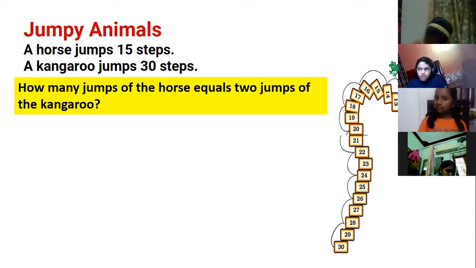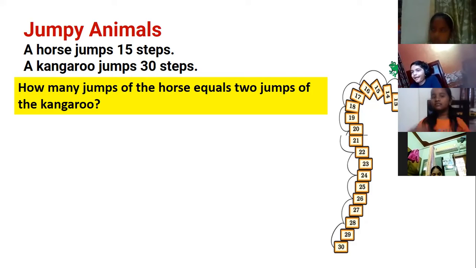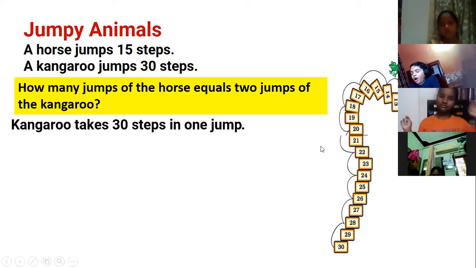So how many jumps will the horse take means 60 divided by 15. 15 ones are 15, 15 twos are 30, 15 threes are 45, 15 fours are 60. So in 4 jumps, horse will reach 60. 4 jumps of horse is equal to 2 jumps of kangaroo.